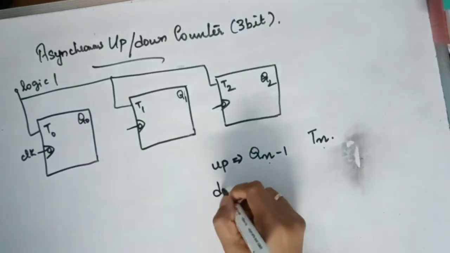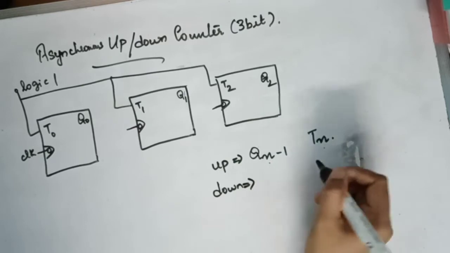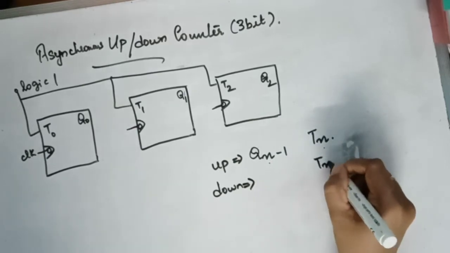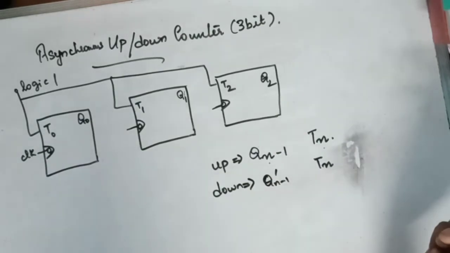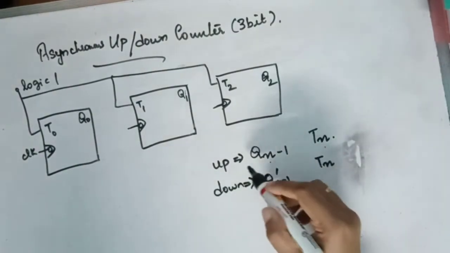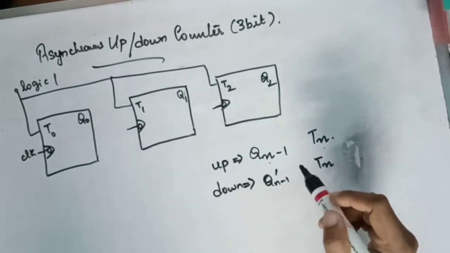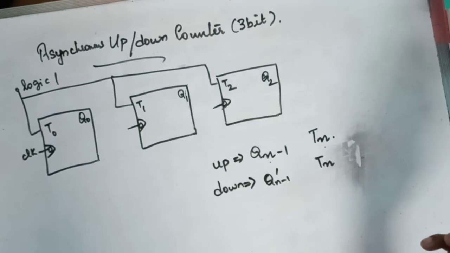Okay. So if it's a down counter, then Tn is clocked by Qn minus 1 complement. So that is the logic. Up counter means this, down counter means this.